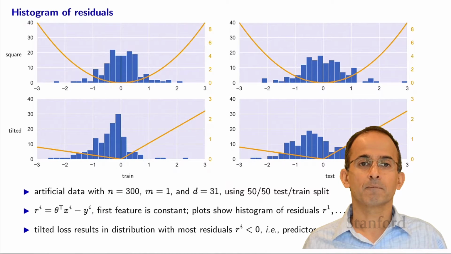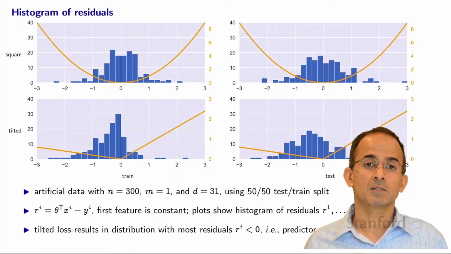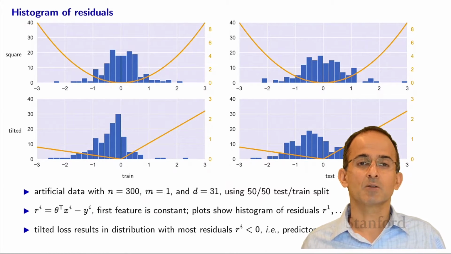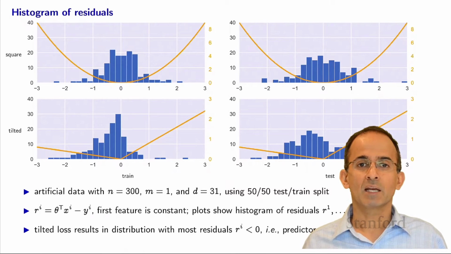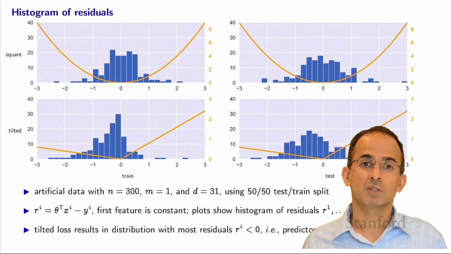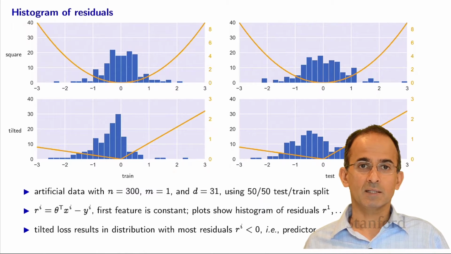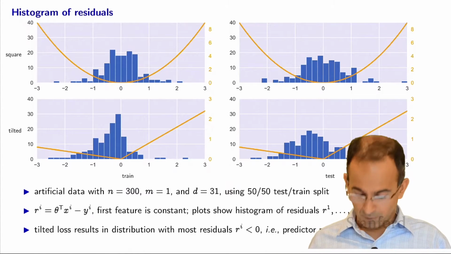And here the residual is y hat minus y, so the ith residual is theta transpose x_i minus y_i. And we plotted here the histogram of the residuals for the predictor that minimizes the empirical risk. And we've done this in two cases. The first case is the top case, where we're using a square penalty.